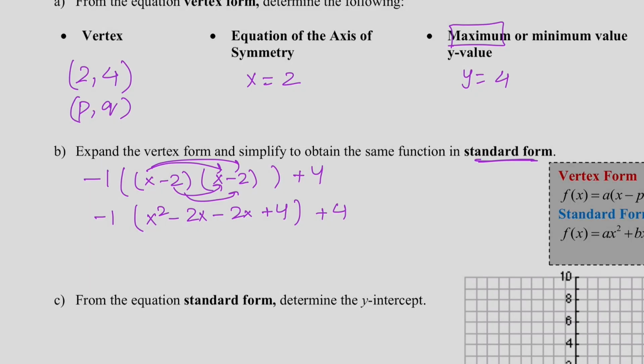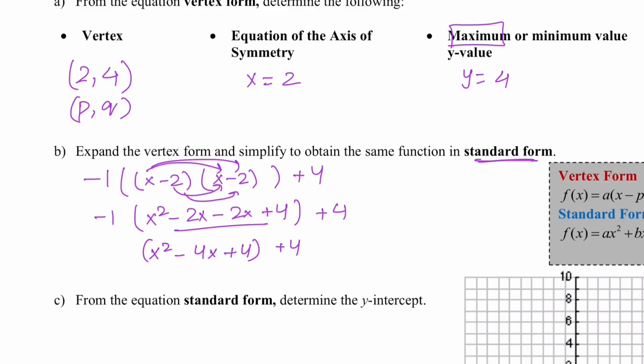Like terms, we have x squared minus 4x plus 4, minus 1. Let's distribute our minus 1. We get negative x squared plus 4x minus 4 plus 4. Minus 4 plus 4 is 0, so we have negative x squared plus 4x as our function.